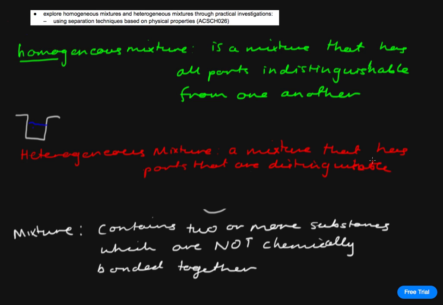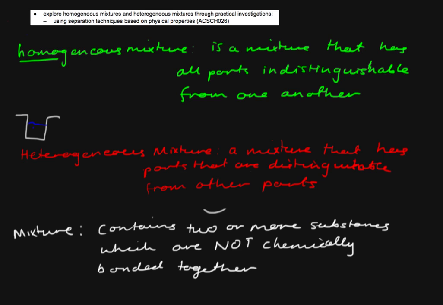Oh, I missed an H in there. Distinguishable, it's the same word as up here. There is a more formal definition, but as far as conveying your understanding is concerned, it's basically: homogeneous, I can't tell the difference. Heterogeneous, yes, I can tell the difference.